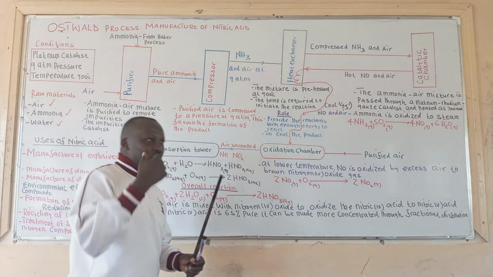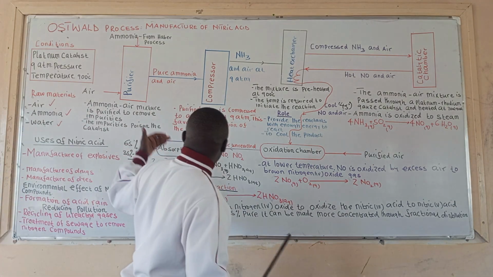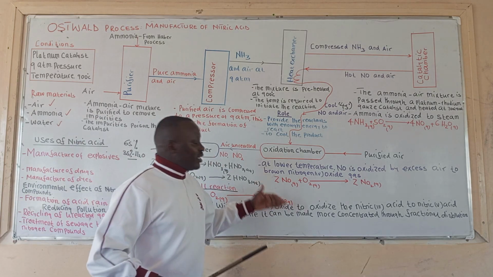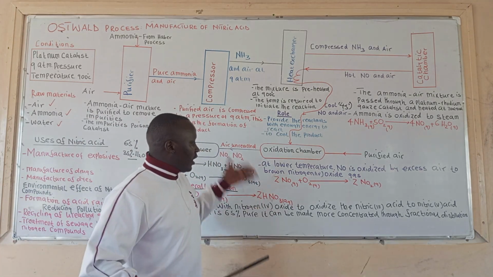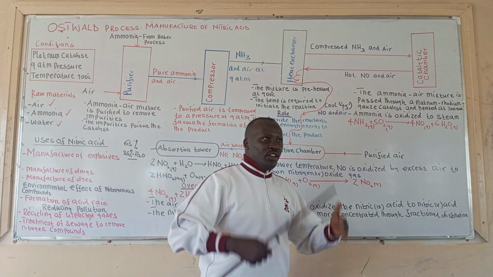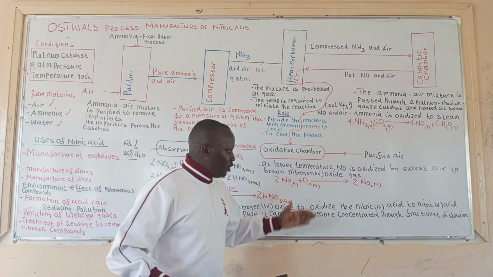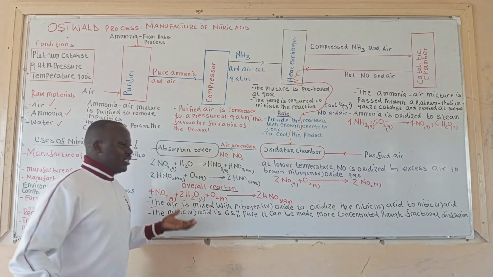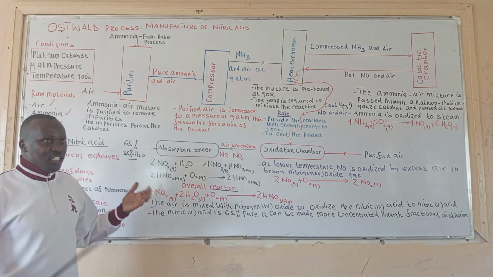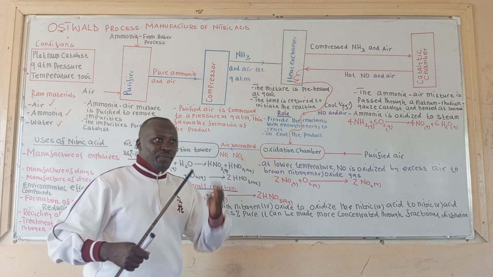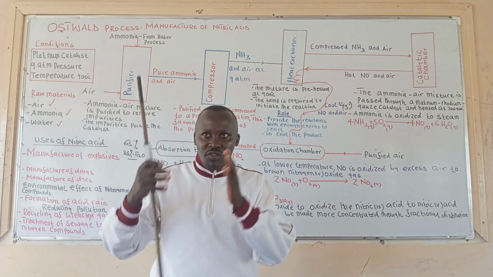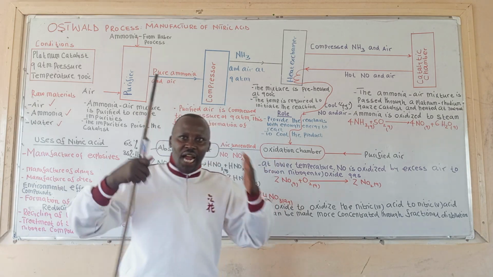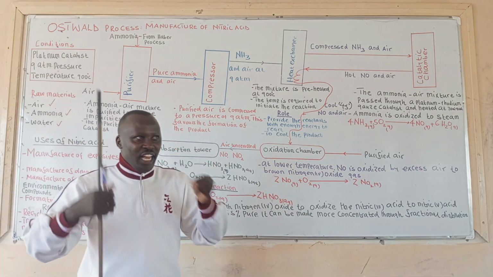So a more concentrated nitric acid is obtained carefully by use of fractional distillation. In the fractional distillation now, it is done over either the phosphorus 5 oxide or the concentrated sulfuric acid, which is acting as a dehydrating agent.